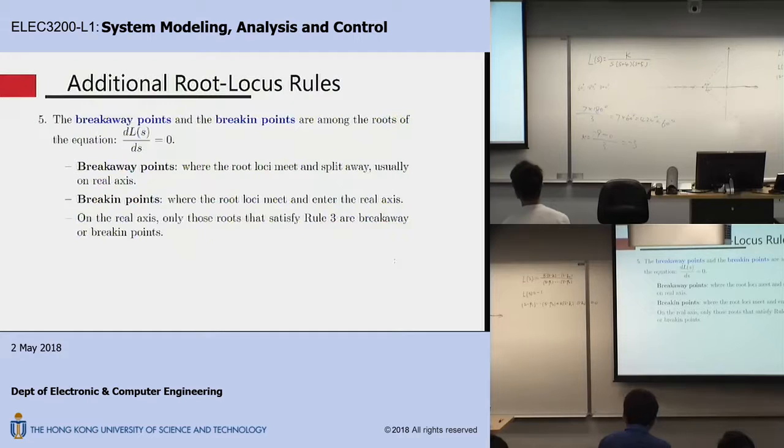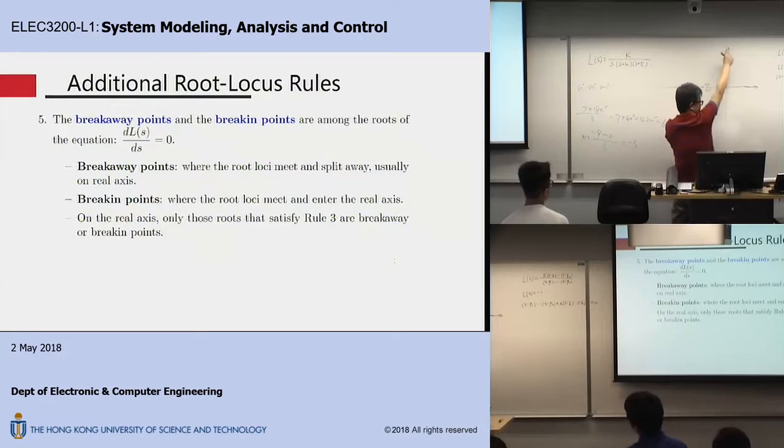Breakaway points and break-in points are really the same thing, because when they break in, they immediately have to split and break away. The break-in at a certain point is a split.